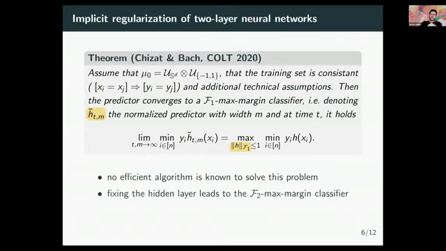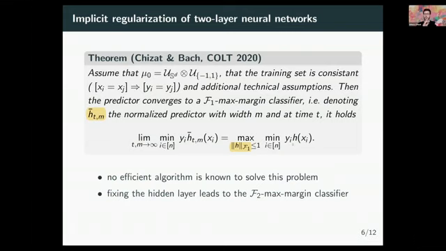And in particular, there is a specific compatibility between the optimality conditions that we have for this problem and the dynamics of gradient descent, which is really specific to this two-homogeneity property of these two-layer ReLU neural networks.